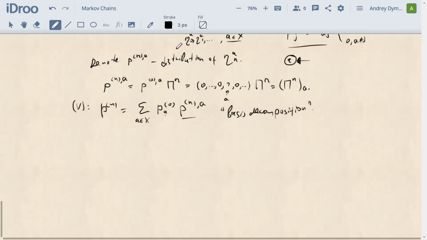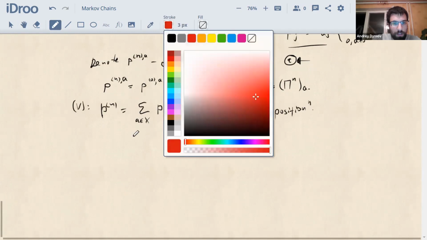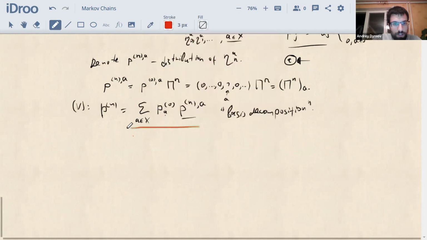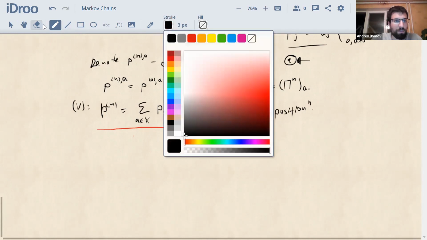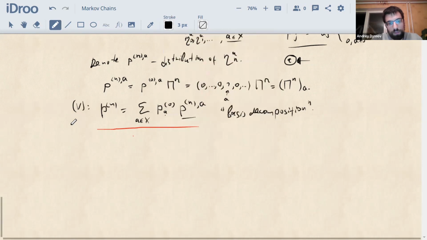So we will sometimes use this idea. It means even more than I have written here: to understand what is going on with your Markov chain, it always suffices to study it when the initial conditions are deterministic, but you should look at all possible deterministic initial conditions.